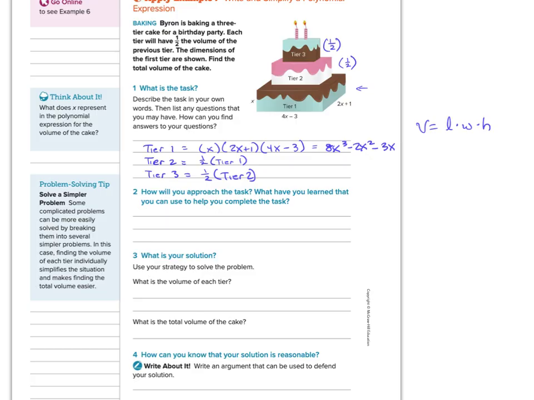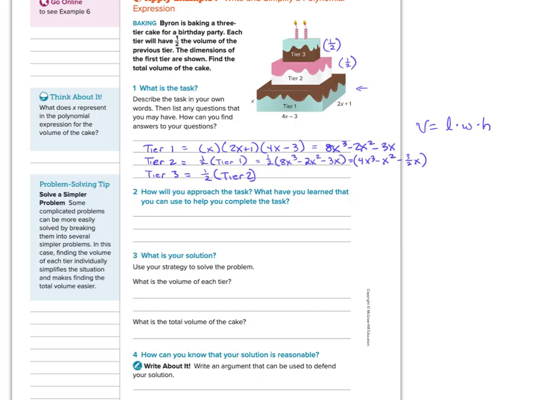Now we're going to multiply that by 1/2: 1/2 times 8x cubed minus 2x squared minus 3x, which would be 1/2 of 8 is 4x cubed. 1/2 of negative 2 would be negative x squared. And then 1/2 of negative 3 is going to be negative 3/2 x.